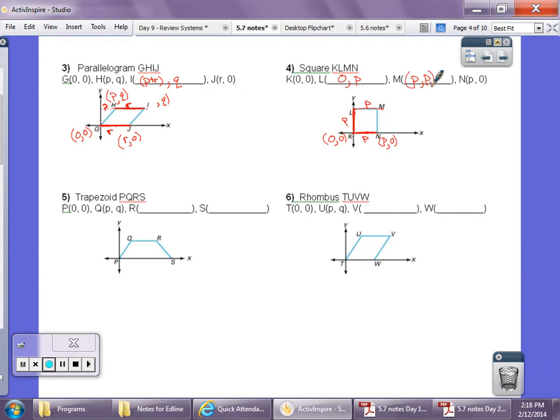With the trapezoid, we know that we have 0, 0.